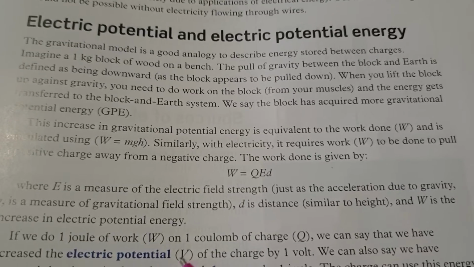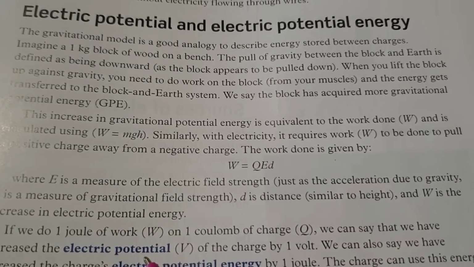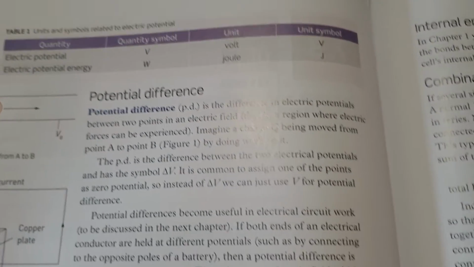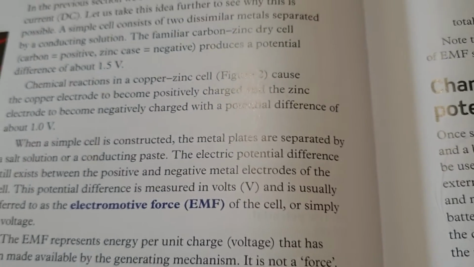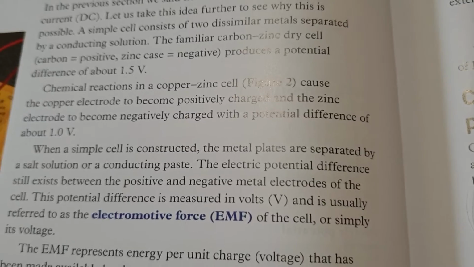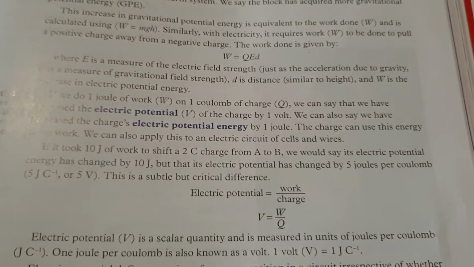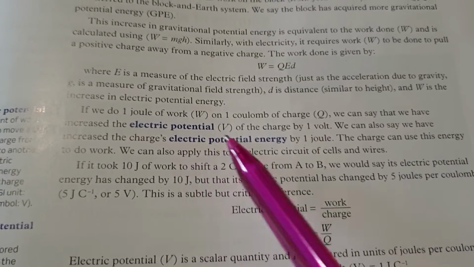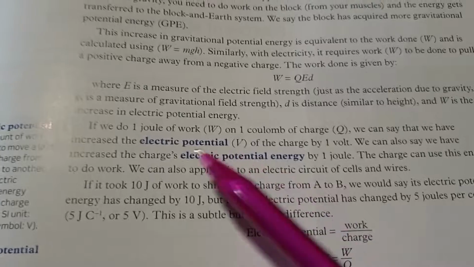Now, it's annoying. They use electric potential, voltage, potential difference, and there's yet another one, EMF. As far as I can tell, they're all exactly the same thing. So why someone didn't put their foot down and say, we're just going to call it this, I do not know.